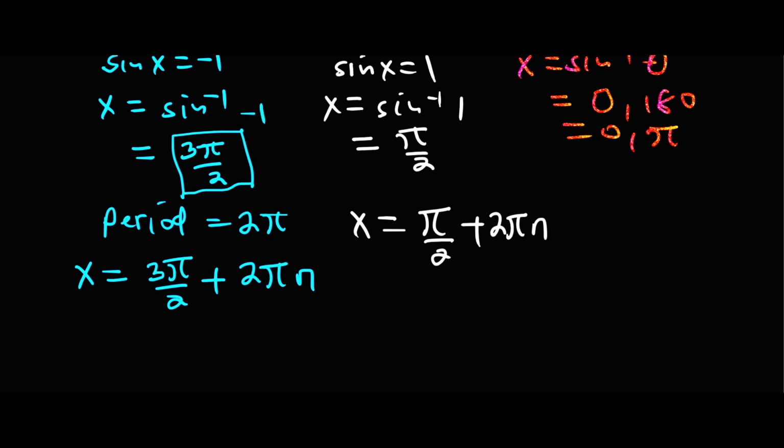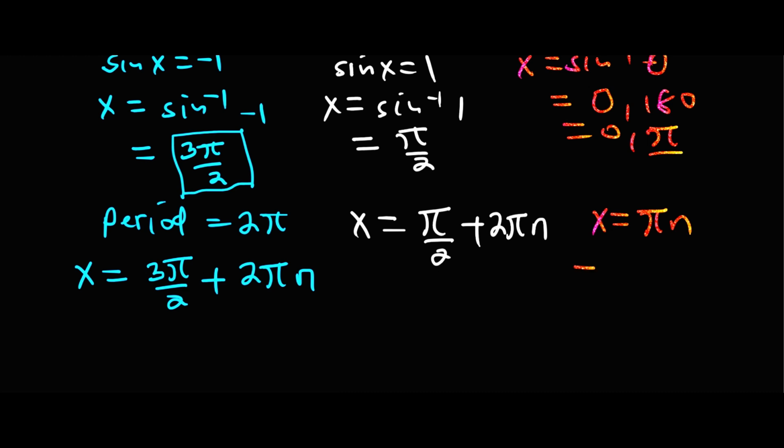Then for the case where sine of x is 0, this occurs at 2 points, so it will repeat after every pi. So in this case, the value of x will be n, the number of circles, times pi. So it will be pi n. So those are the three possible values of x.